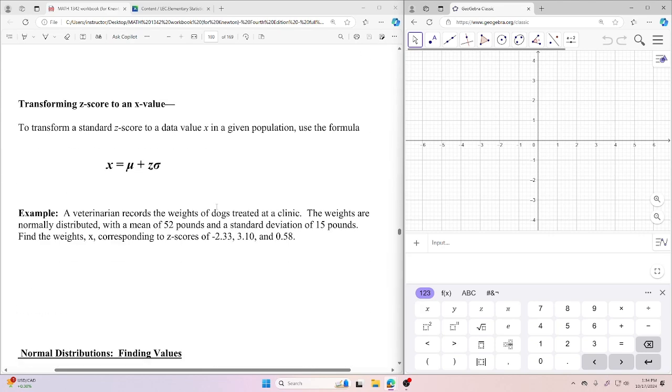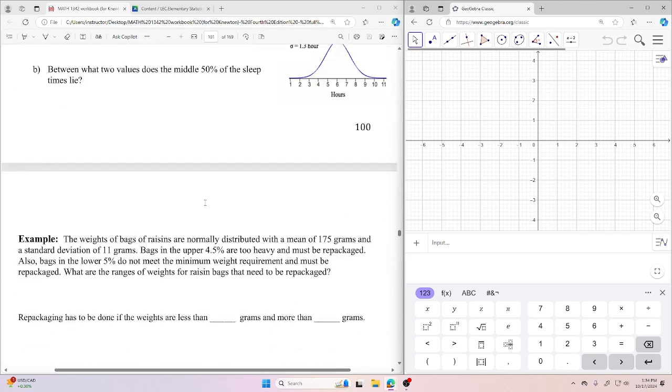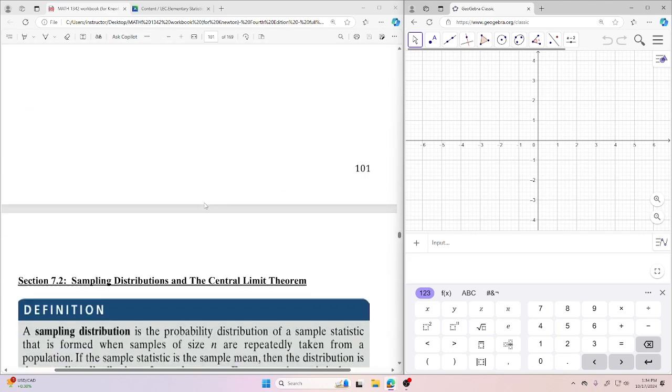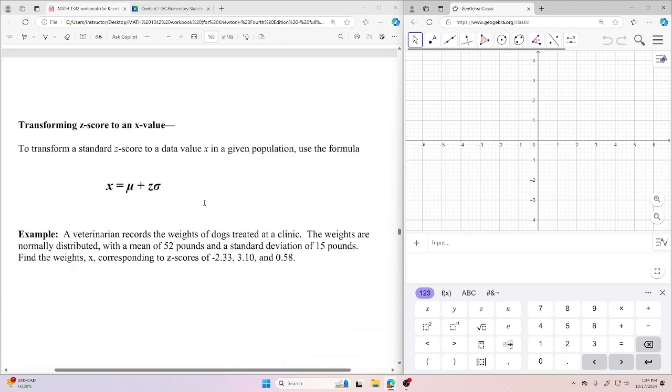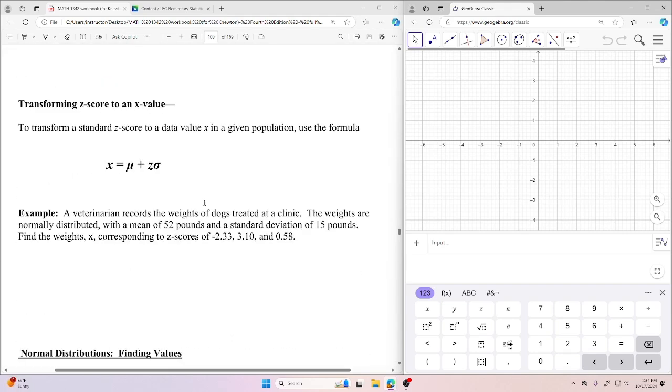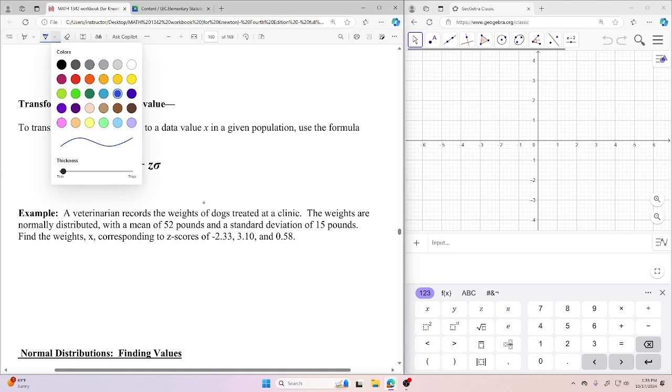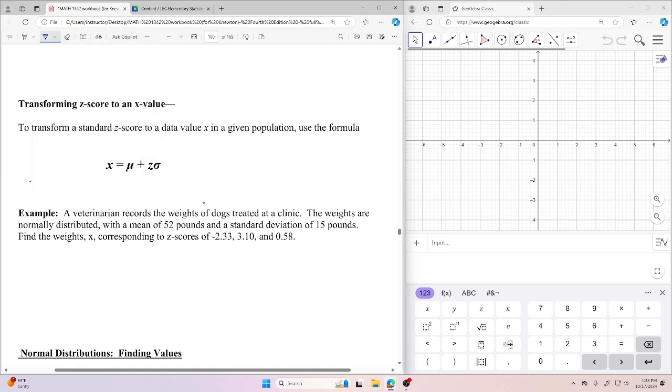So we're going to do a little bit more of this, a little bit by hand, but mostly GeoGebra stuff, and then I guess we're moving into chapter 7. So that's just another formula. We've already seen this formula. I think we already created it once before, but let me just remind you. We have z is x minus mu over sigma.